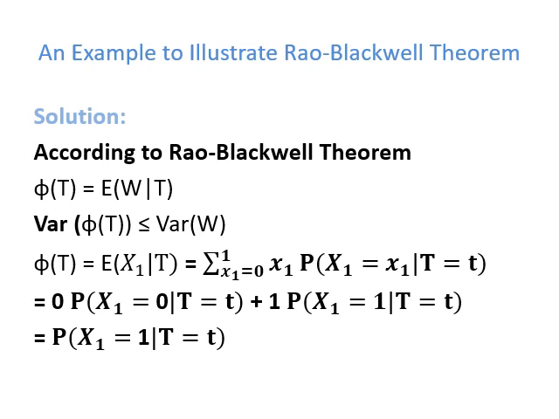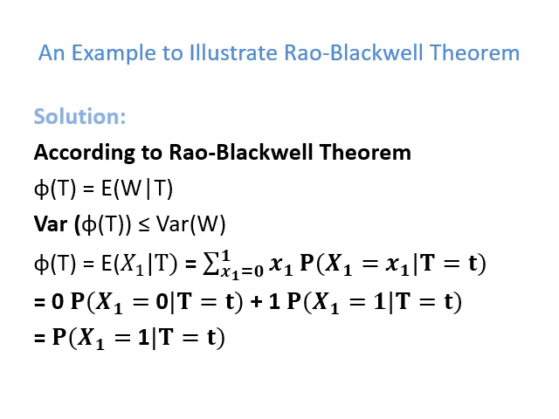If we substitute for x1 by 0, the first term will be 0 times the probability that X1 equals 0 given t, plus when we substitute by 1, we get 1 times the probability that X1 equals 1 given t. Now notice that the first term will be 0. The only case where the first term can give an indeterminate quantity is if we multiply 0 by an infinite value.